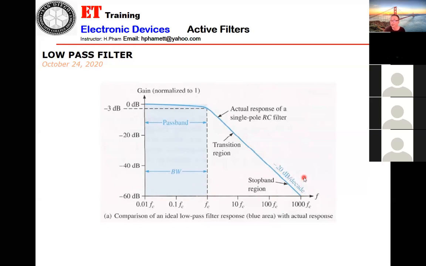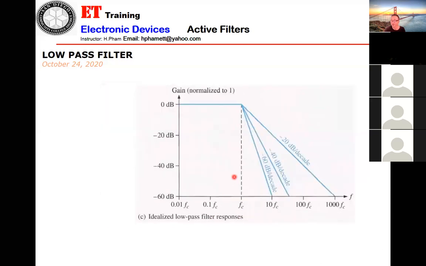A lot of people don't quite understand what that means. That means after the FC, a decade means 10 times FC here. At this point, it will be going down 20 dB. There's a little more detail here.